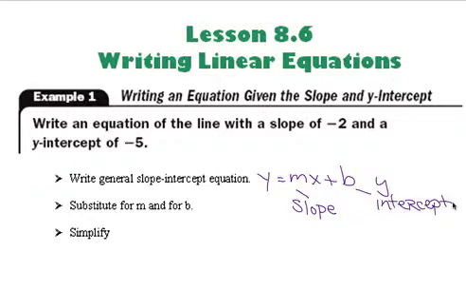So now that we have our format for our equation, we just basically have to plug in what we know. We know that our slope is -2, so we're going to substitute -2 for the m in our equation. So y equals -2x plus our intercept is -5.